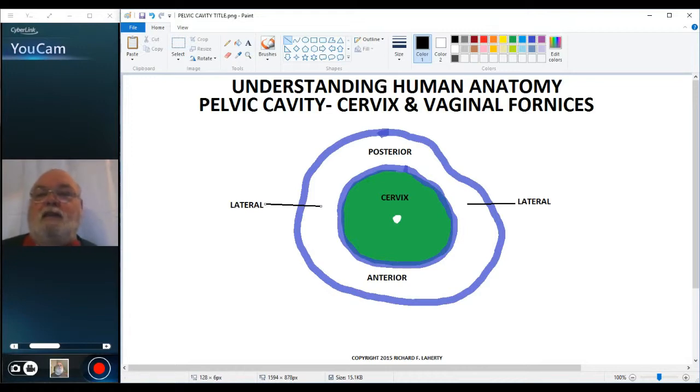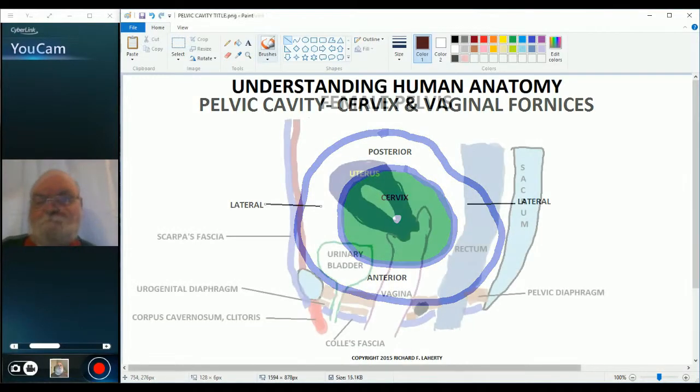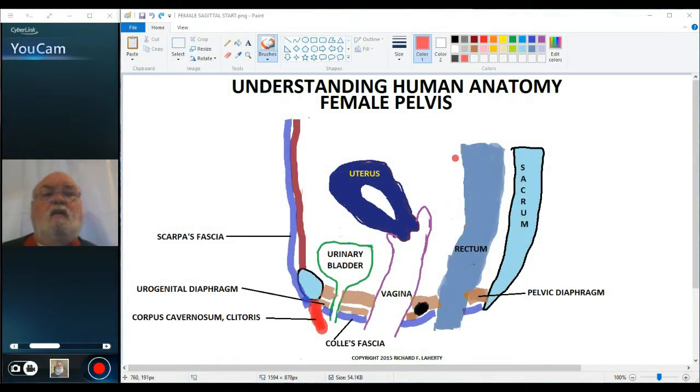So that will be the next slide. So here is a midsagittal section through the female pelvis. And again, I've borrowed this from a previous diagram.